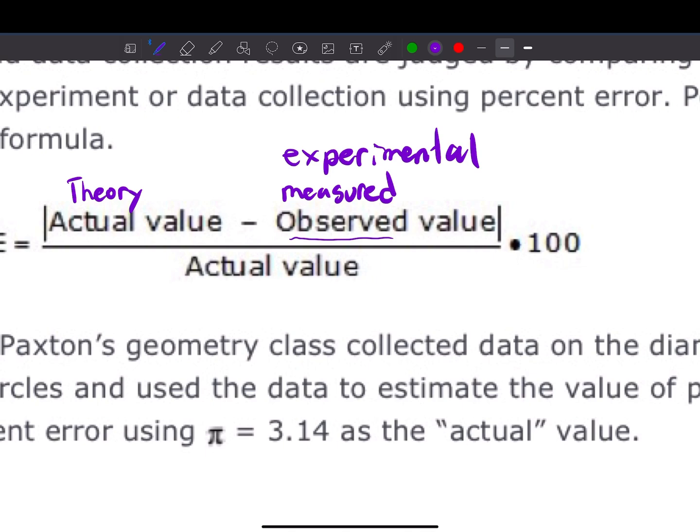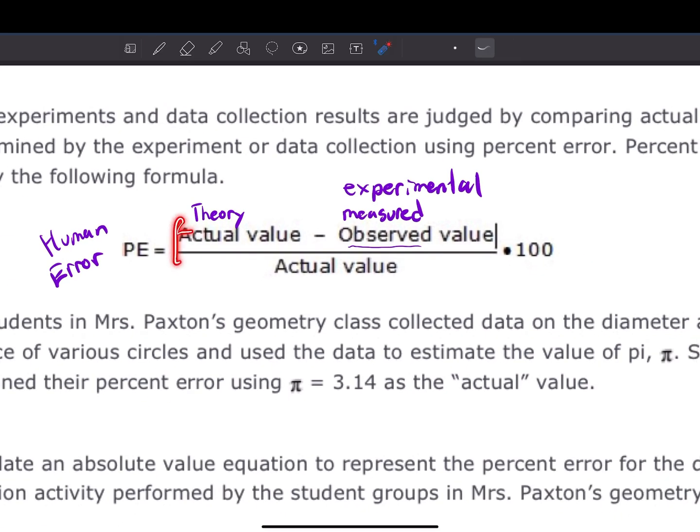So how off were you? And then you find the difference between what it should be and what it is measured in real life. Take the absolute value of that difference and divide that number by the theoretical value, the actual value. How off were you? By what ratio? By what percentage? And this 100, I'll explain why it's there in just a bit.